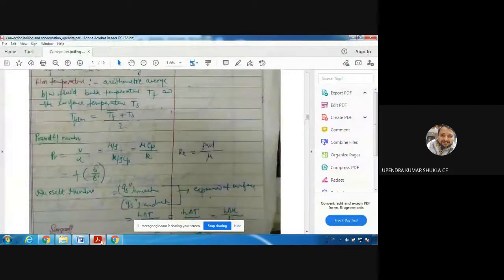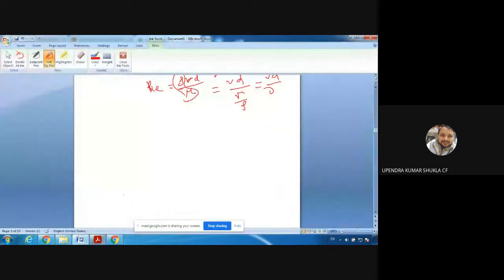One more number I will be getting. Since you have seen that this is the solid surface, and fluid is flowing with some temperature, T_F is less than T_S. So heat will transfer through conduction in the stationary layer of the fluid due to the no slip boundary condition, and then through convection.